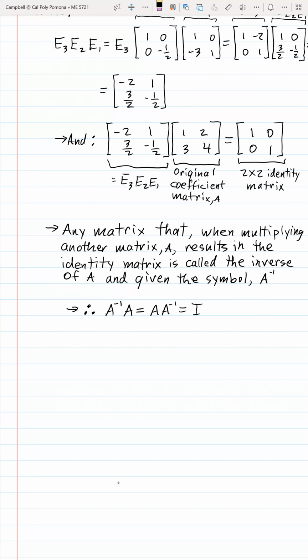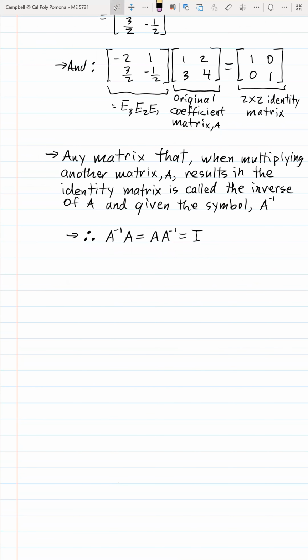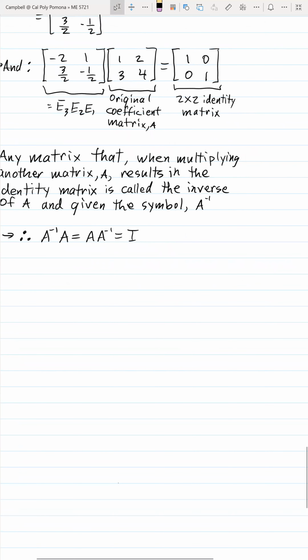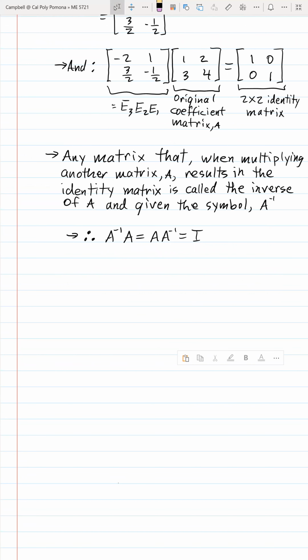So that's one property of the inverse that's very interesting. And in this case, E3 times E2 times E1, of course, is equal to A inverse.